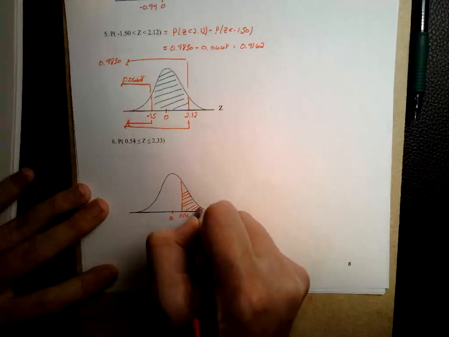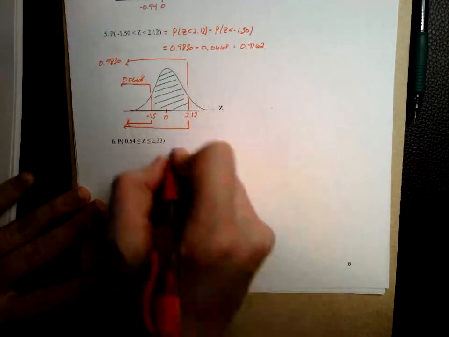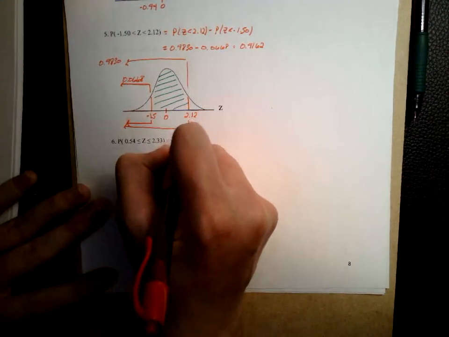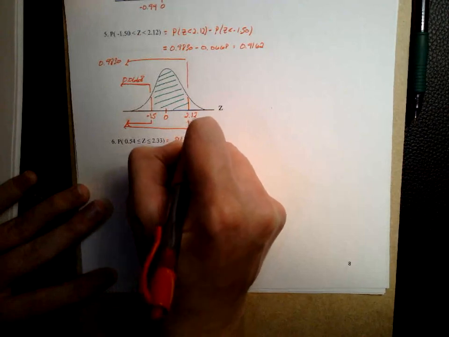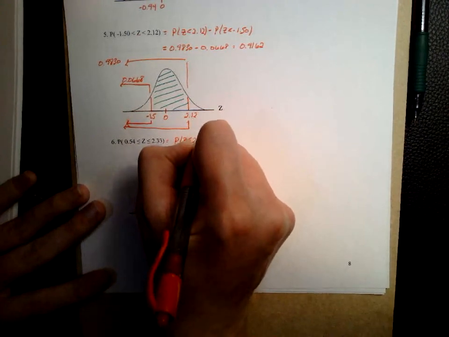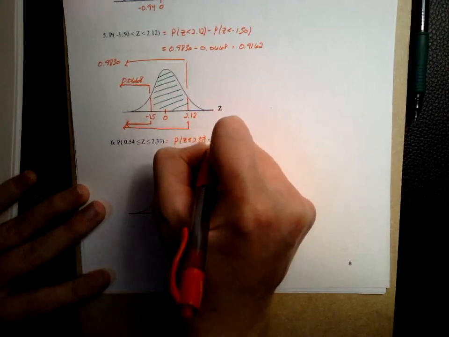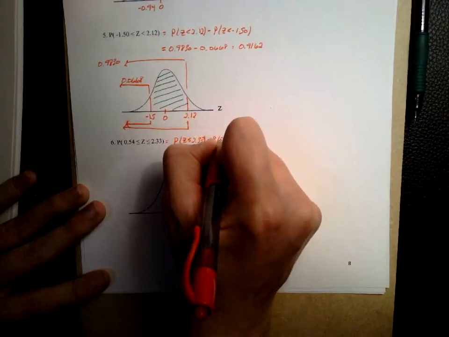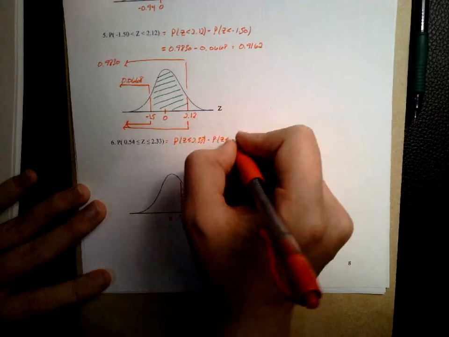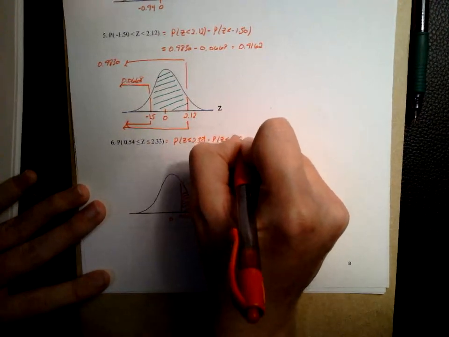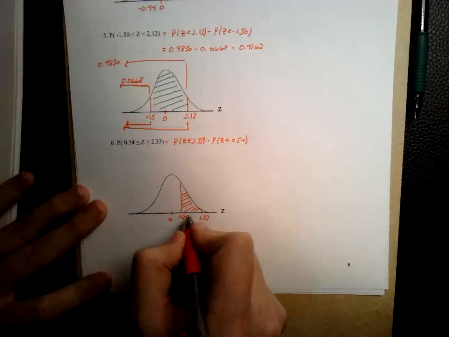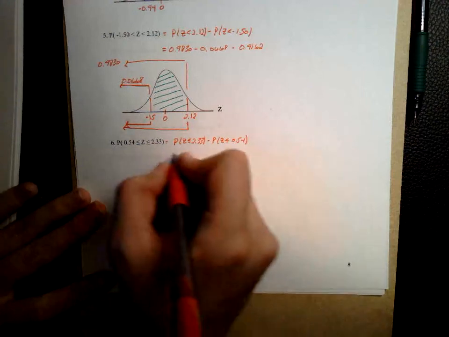Then using that same idea as we did here, we can take the probability of z being less than or equal to the upper z-score minus the probability of it being less than or equal to the lower z-score. And that will tell me this area in the middle right here.